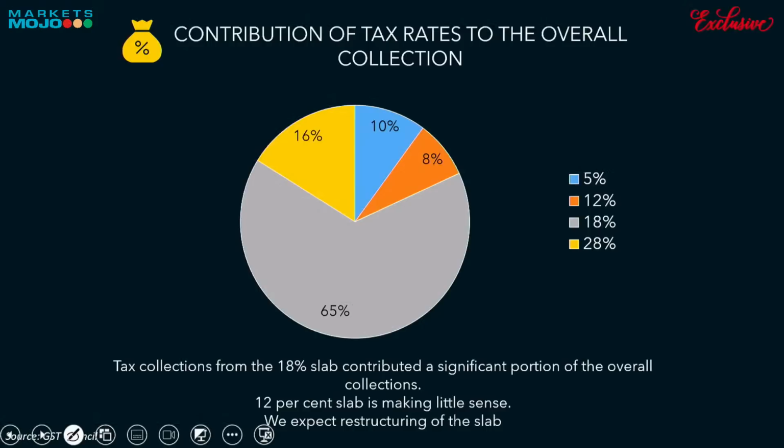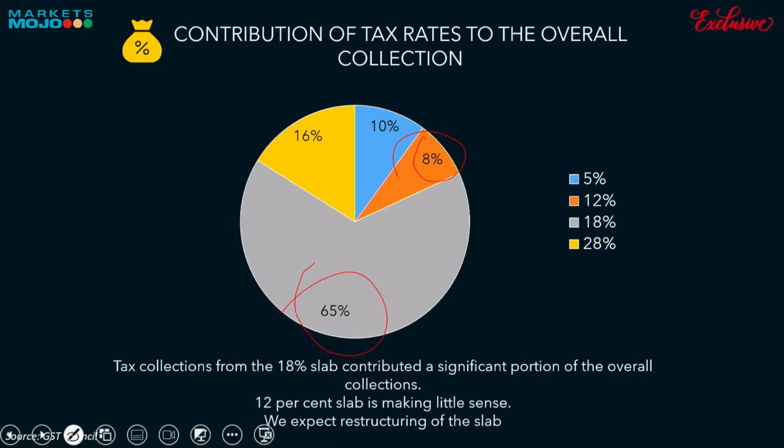But the biggest chunk of revenue comes from the 18% slab, which gets us the highest revenue. The 12% slab rate contributes only 8%, which is the lowest among all the various rates that are available.